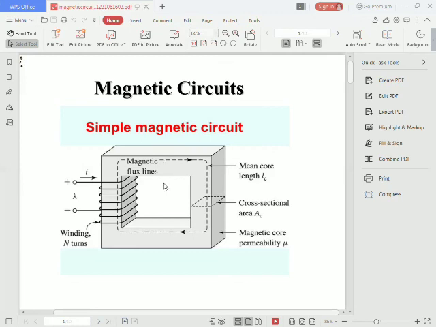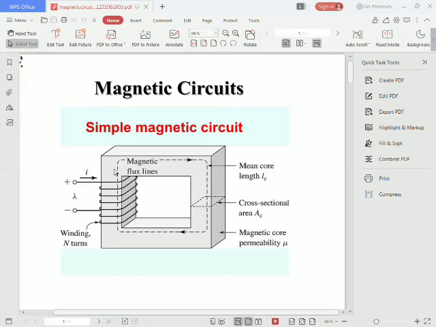The figure shows the simple magnetic circuit consisting of an iron core of cross-sectional area AC in meter square and the mean length of core LC in meter. A coil with N number of turns is wound on the iron core.